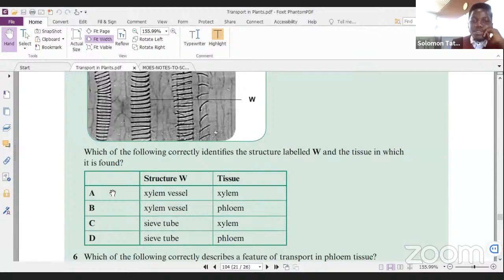A, structure W is a xylem vessel and it is in xylem tissue. B, xylem vessel, phloem tissue. C, sieve tube, xylem vessel, xylem tissue. D, sieve tube, phloem tissue. Of all those, which one is the answer for number 5?